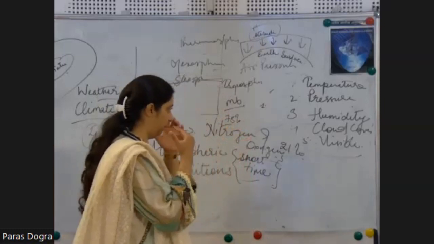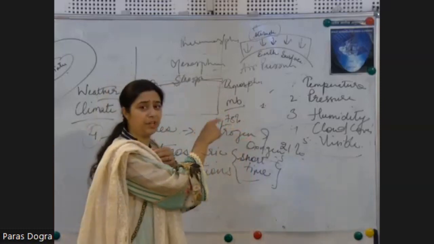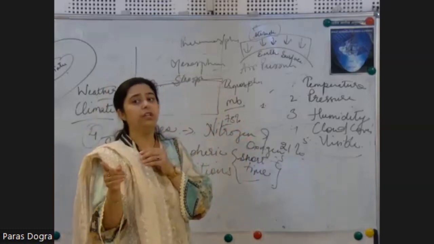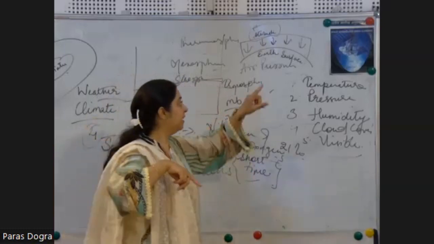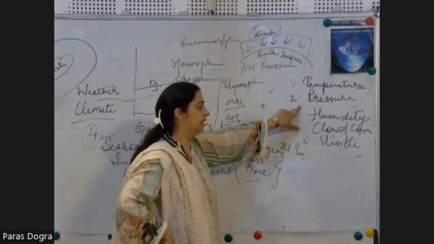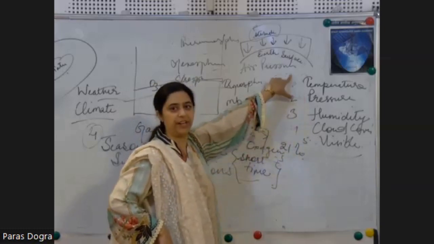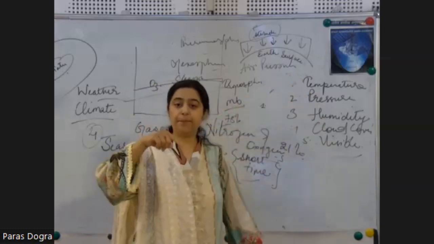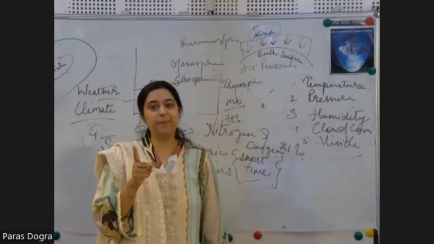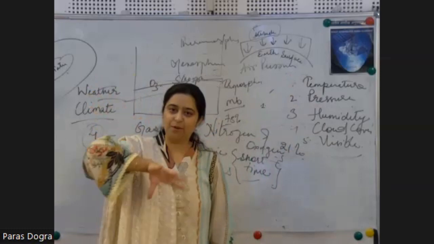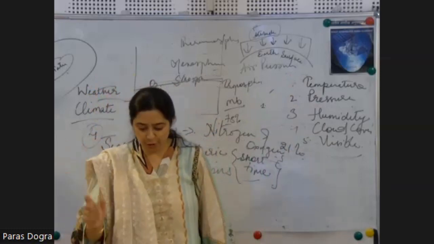So it is always the air pressure which is the root cause of wind movement. And again, the air pressure is the outcome of temperature differences, which are because of the sun's energy. So ultimately, the main driver of our atmosphere is solar energy, that we all know.